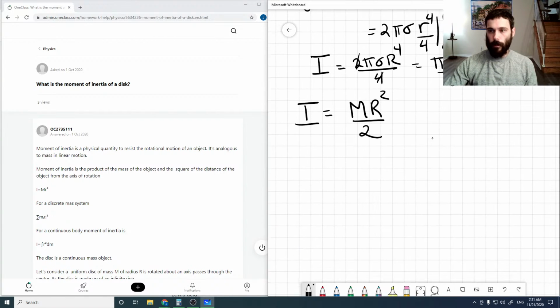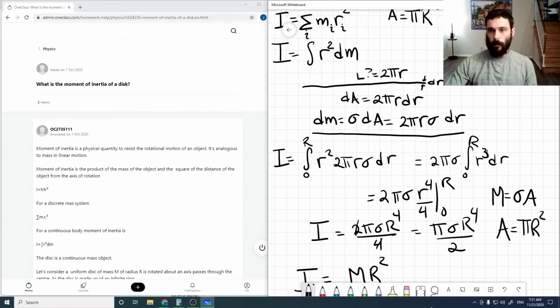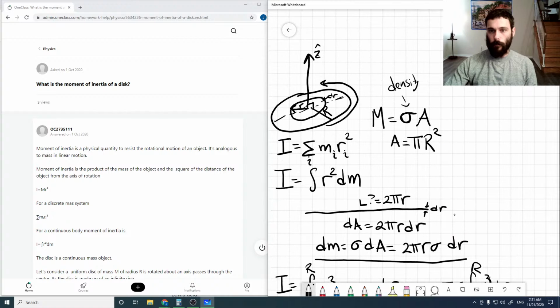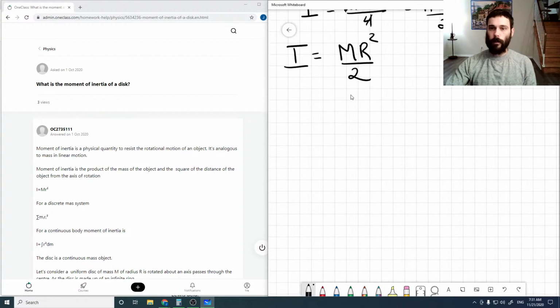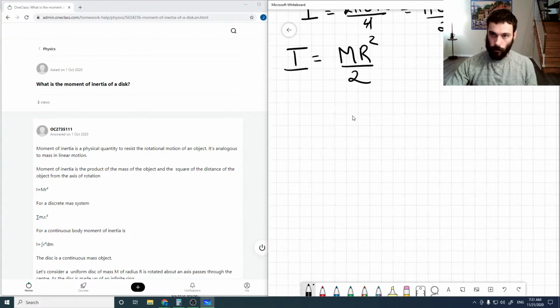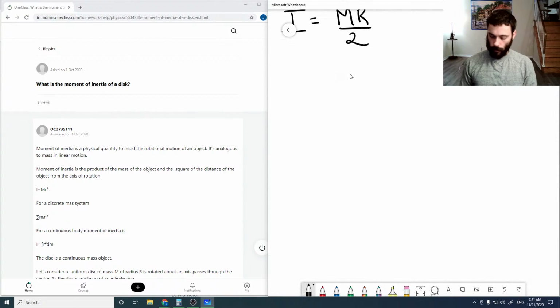Slightly more difficult, and remember this is the moment of inertia for a disk which rotates about an axis which is perpendicular to the disk, so you're spinning the disk. Considerably more difficult would be to compute the moment of inertia of the disk along a moment arm that goes this way.